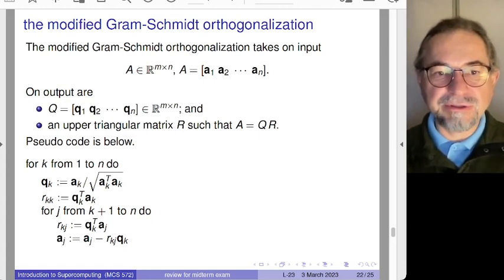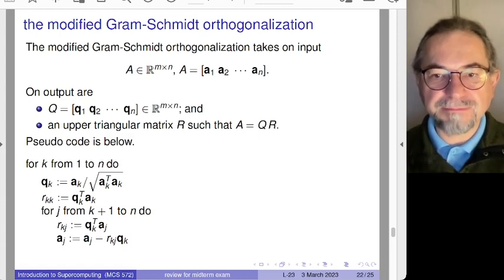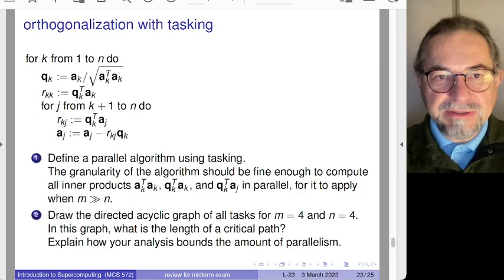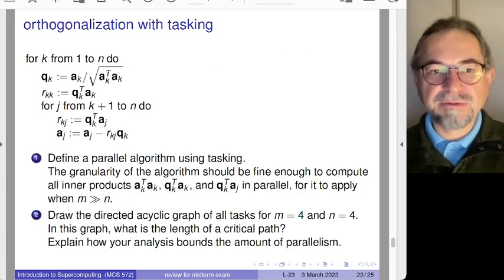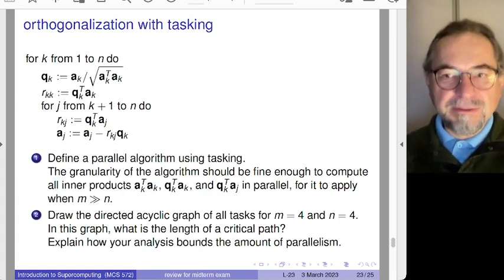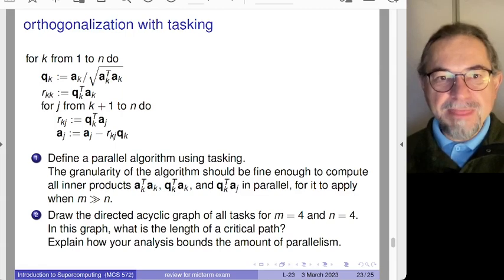So here you see there is a double loop, and the second part of the loop can actually be run partially in parallel. Allow me to explain this. This is a two-sided question. The algorithm is quadratic in n, but the length of the vectors is m.